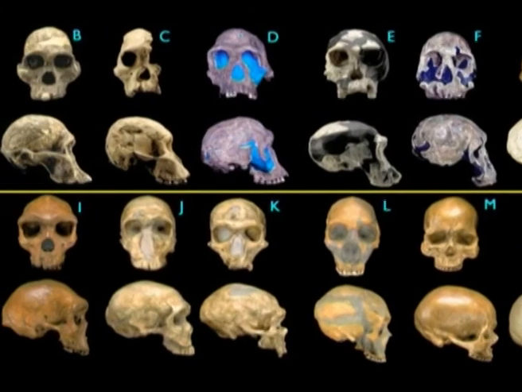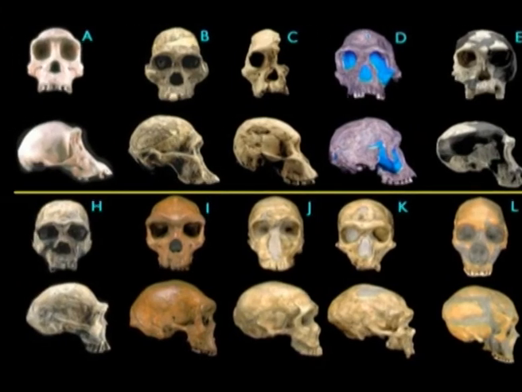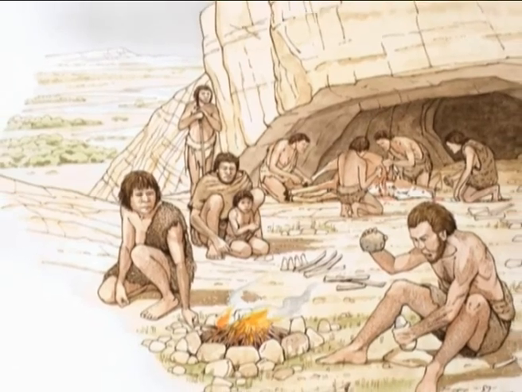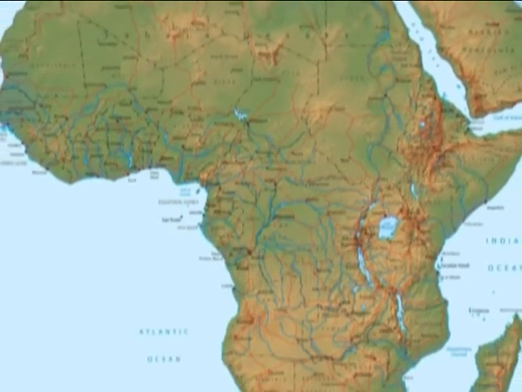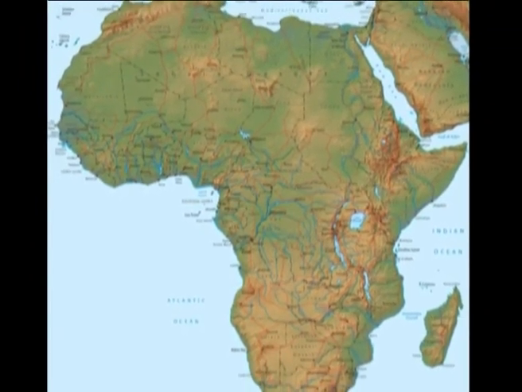Homo sapiens are the only living species in the Homo genus. Anatomically modern humans originated in Africa about 200,000 years ago, reaching full behavioral modernity around 50,000 years ago.